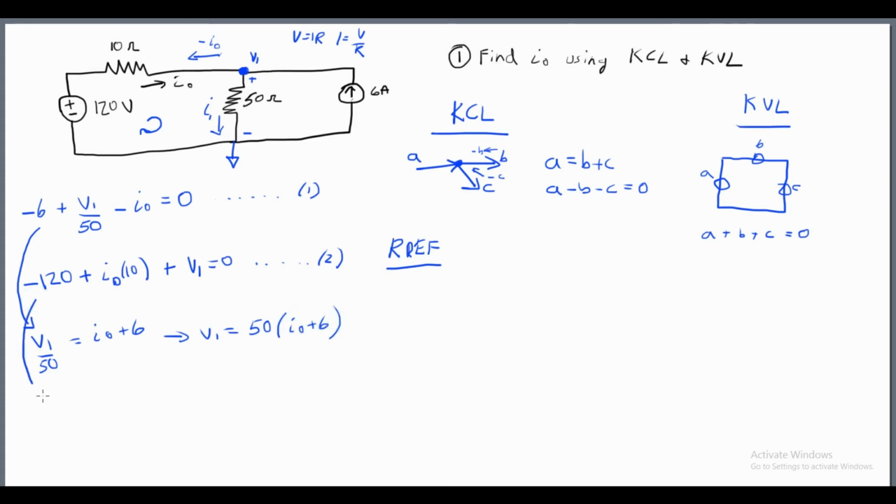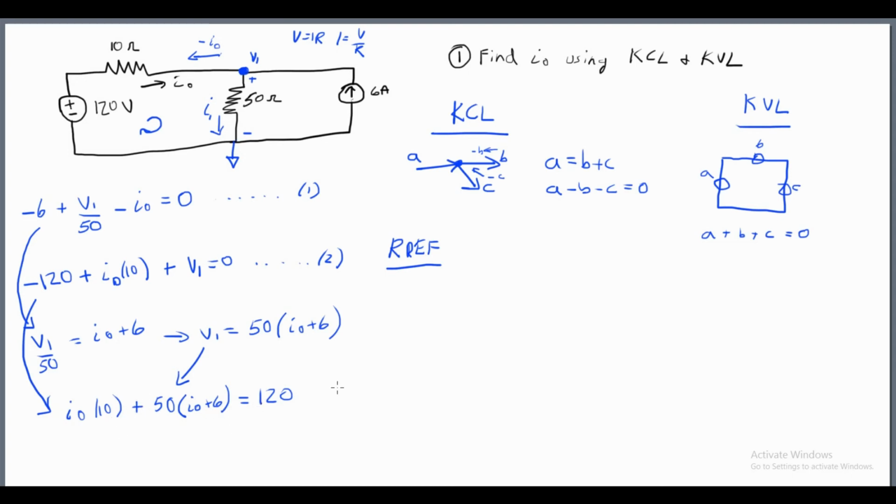If I want to plug that into this equation here, putting the 120 on the other side and starting with the I0, I'm going to get I0 times 10 plus V1, which we already have right here. So I'm just going to add it straight in. 50 times (I0 plus 6) is equal to, now remember I put the 120 on the other side, so I'll carry that through. And then I just want to solve for I0.